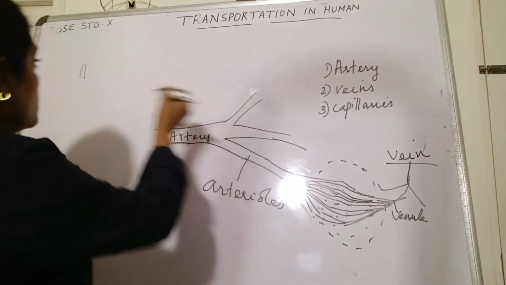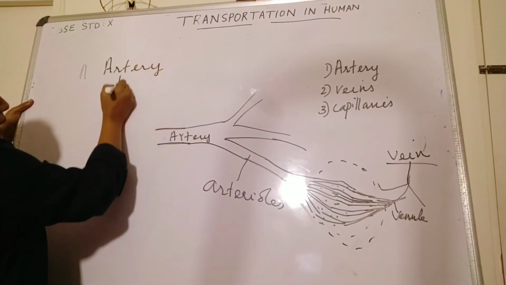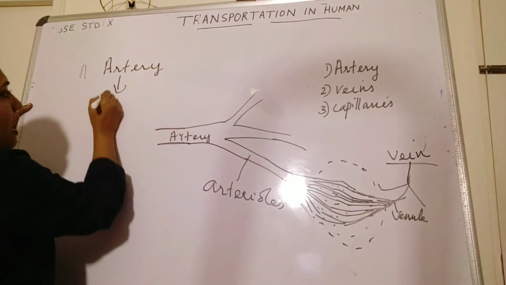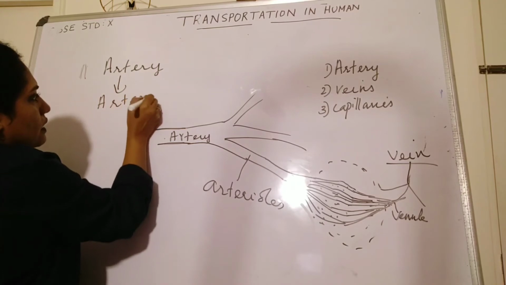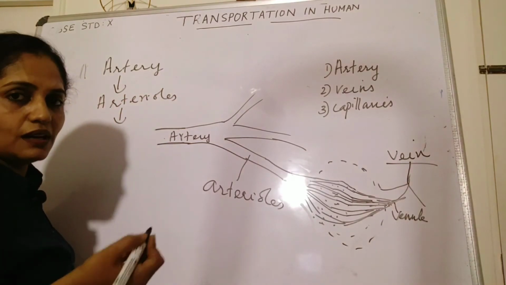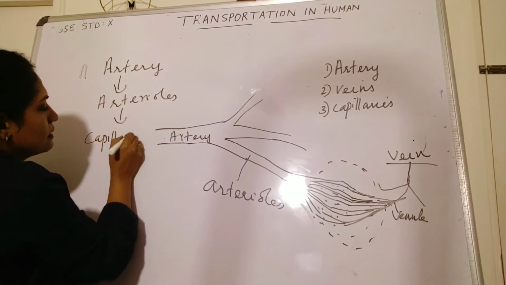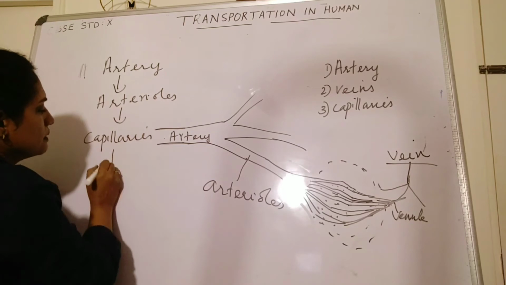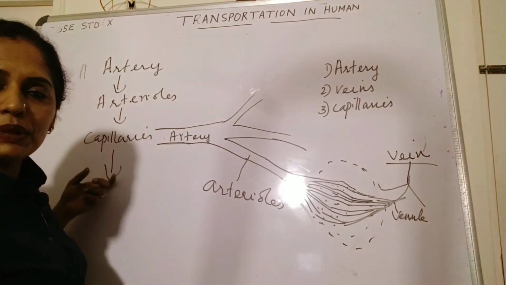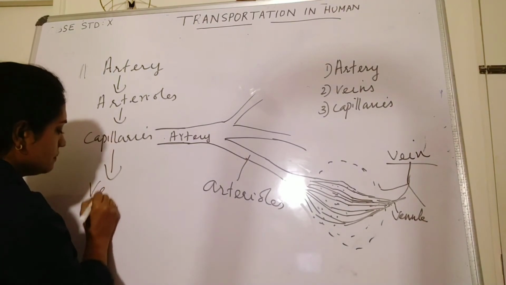Look here. So, an artery branches into many arterioles. Each arteriole branches into many capillaries, and small capillaries join together to form a venule.